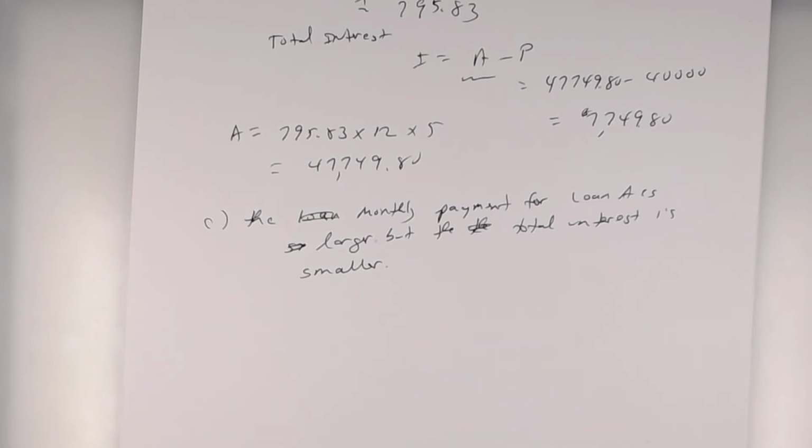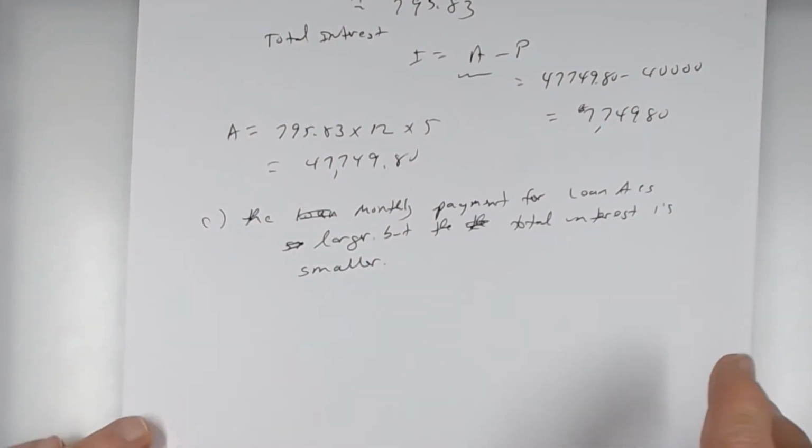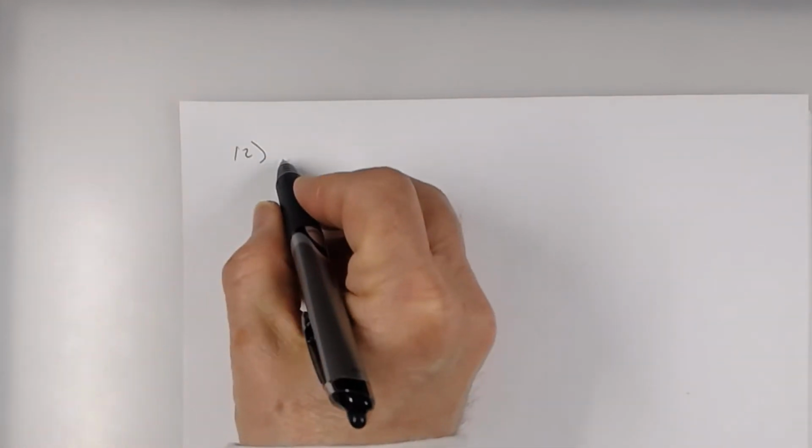All right, so let's look at this example. So let's go to number 12. Okay, number 12, it says this. Suppose that you drive 15,000 miles per year and that gas averages $3.50 per gallon. Part A. So let's go ahead and write this down.